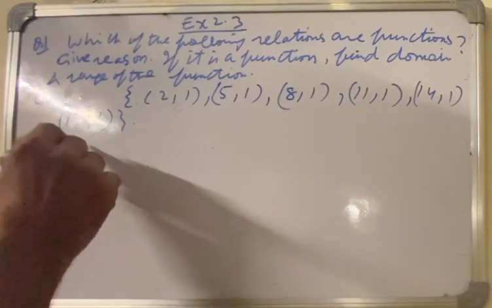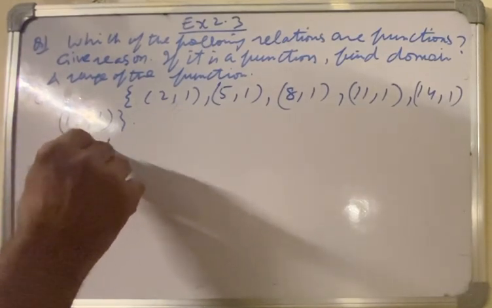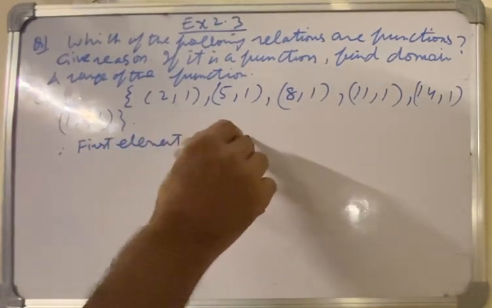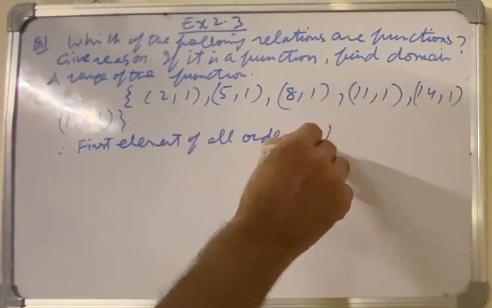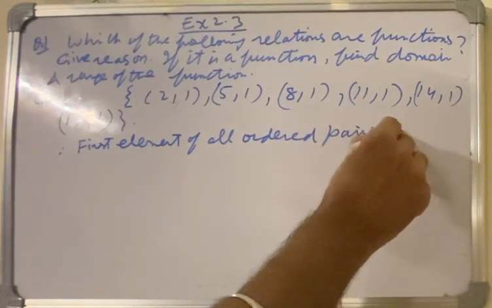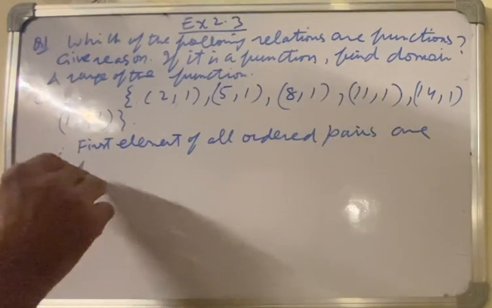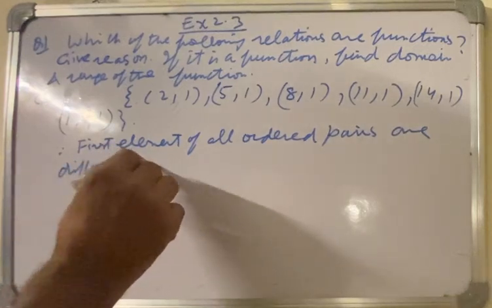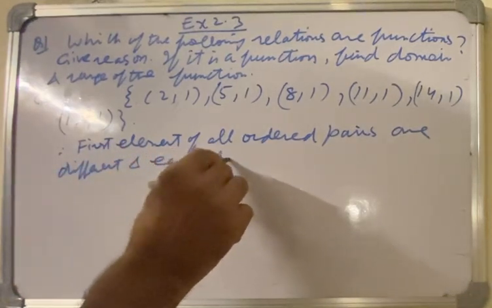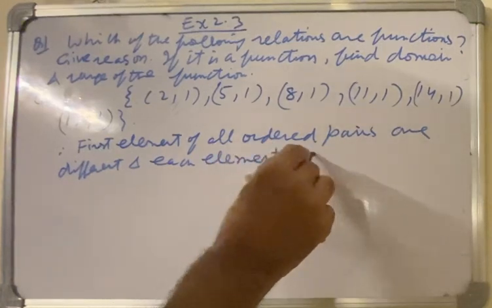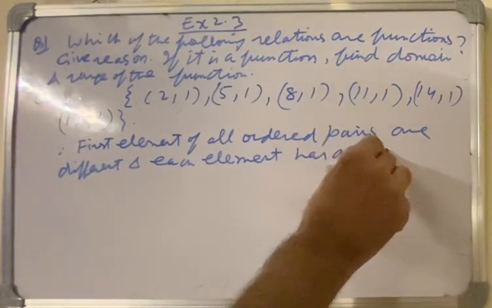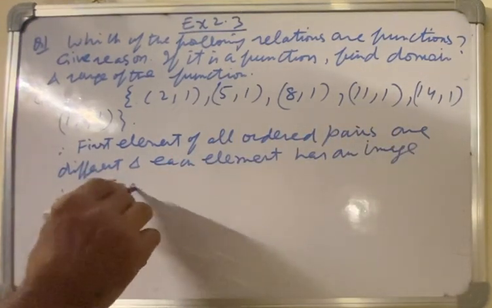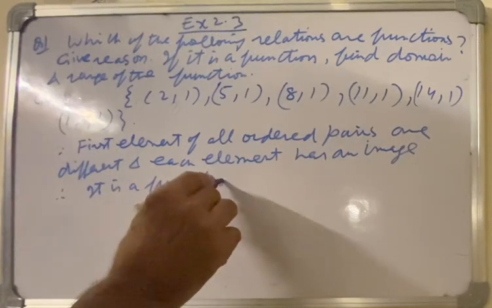Since the first elements of all ordered pairs are different and each element has an image, therefore it is a function.